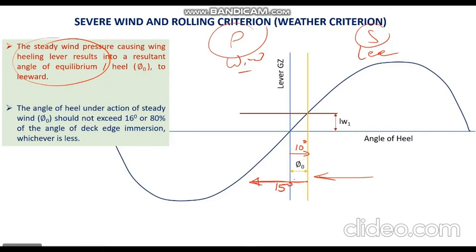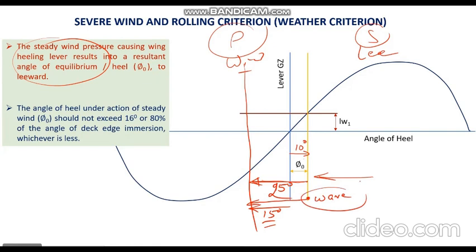That means now the vessel is heeled 15 degrees to port. Yes or no? Because 10 degrees has been cut off from the starboard side and 15 degrees now she goes to port. Correct? So she has gone from this angle to this angle under the effect of wave.